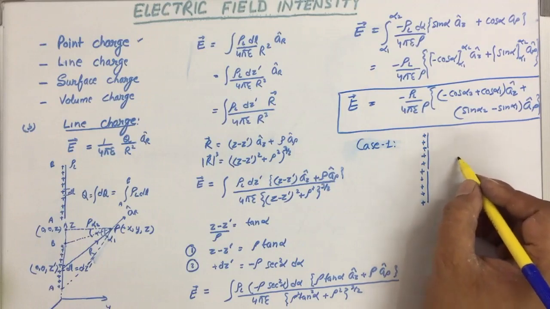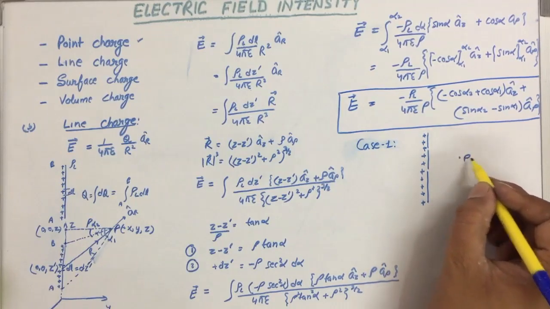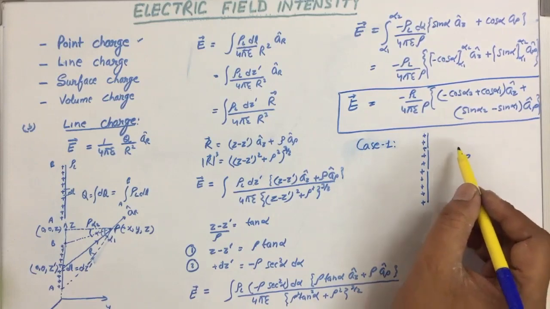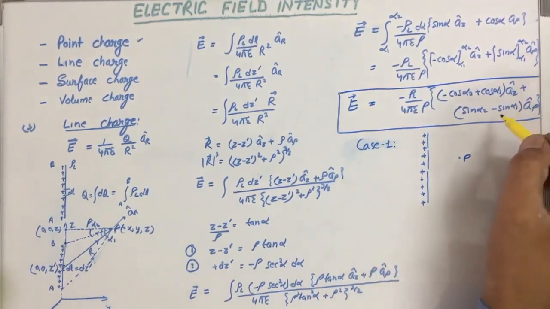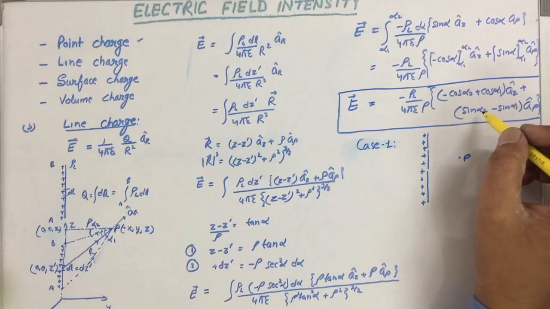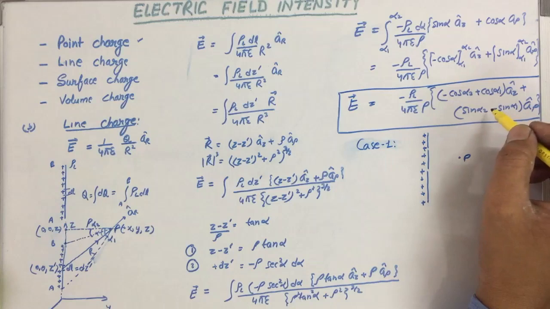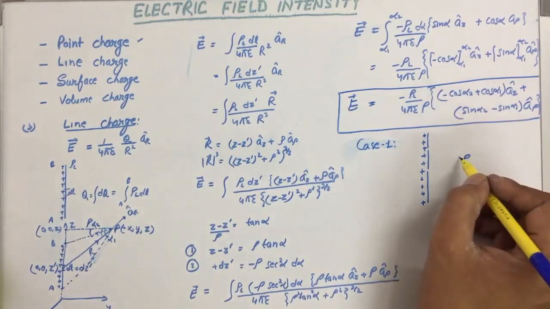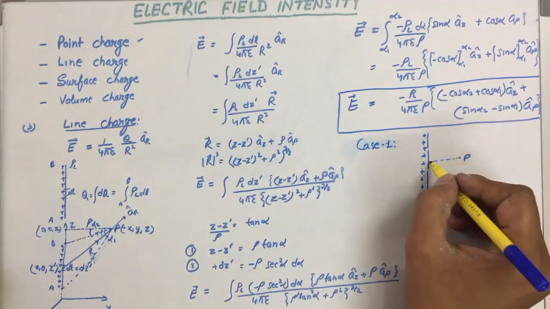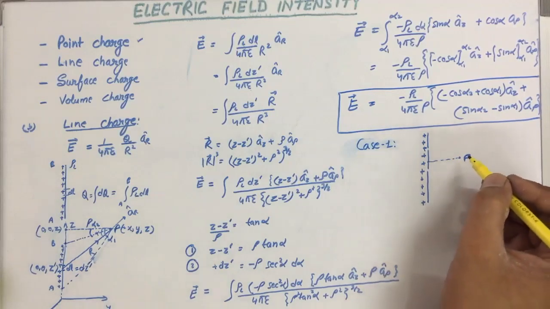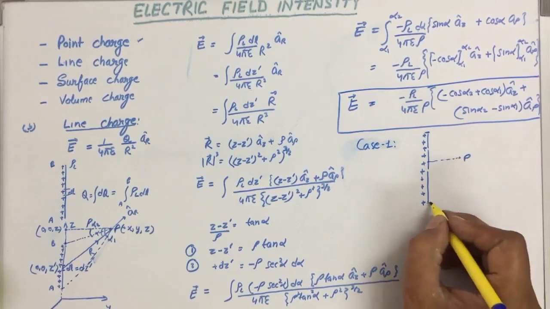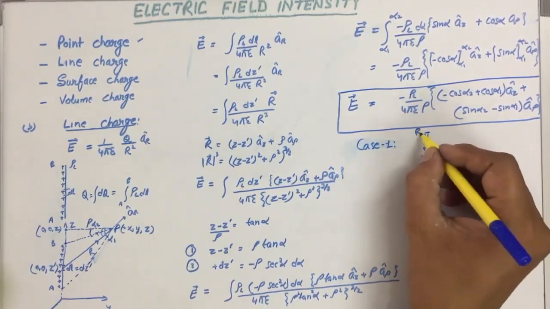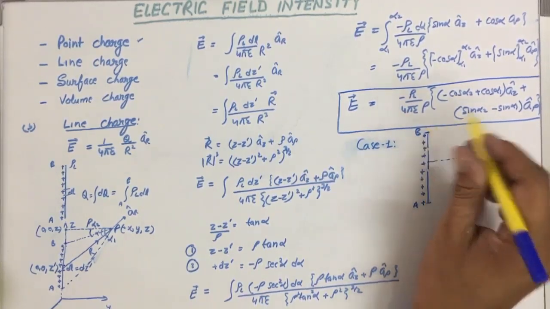the point P that is considered here will make what will be alpha 1 and alpha 2, because these two terms are unknown only. So what we can say here, this is the perpendicular length, and the first end is A, the second end is B, that is at infinity.